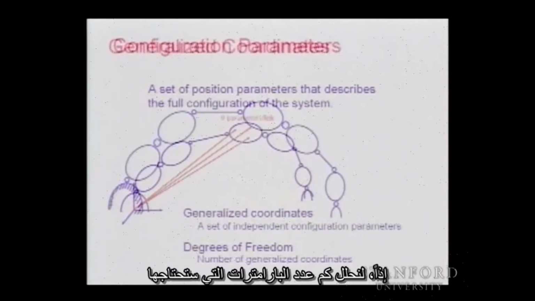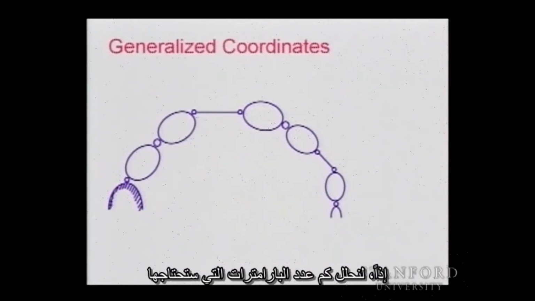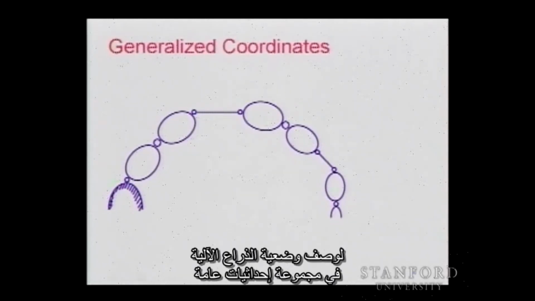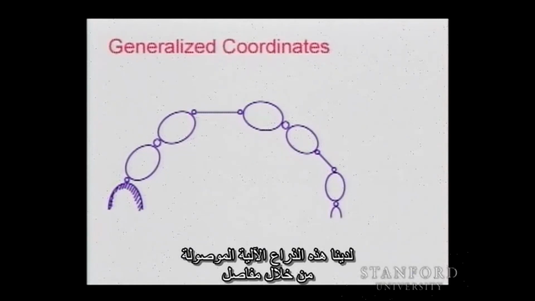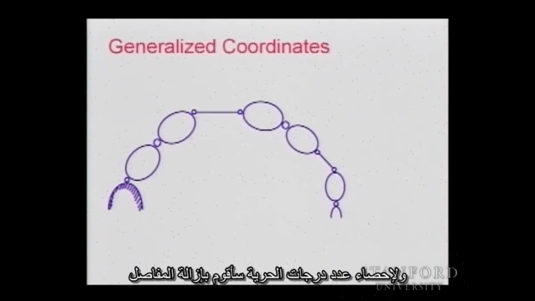So let's analyze how many parameters you would need to describe the configuration of a manipulator with a set of generalized coordinates. So we have this manipulator connected through joints, and in order to count how many degrees of freedom we have, what I'm going to do is remove the joints.